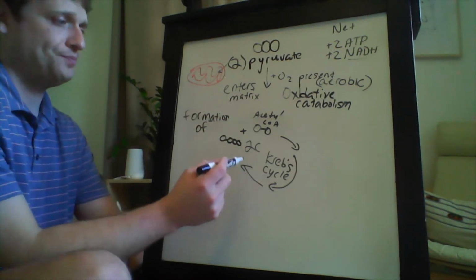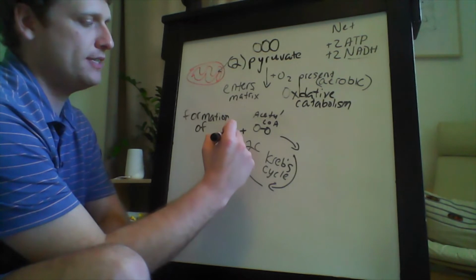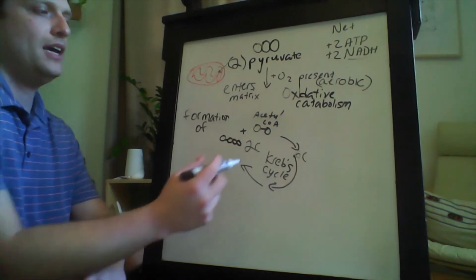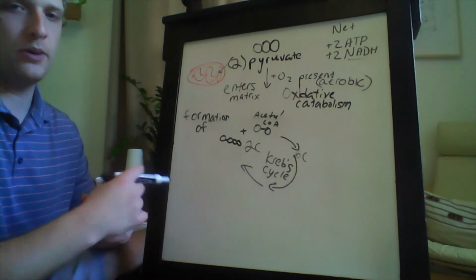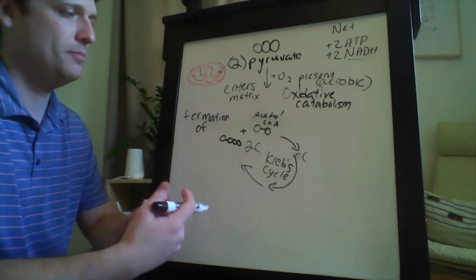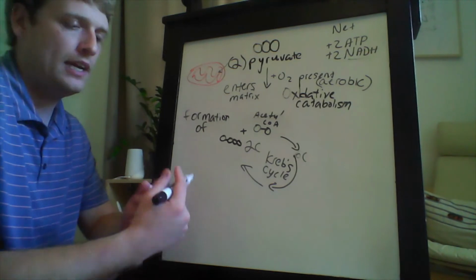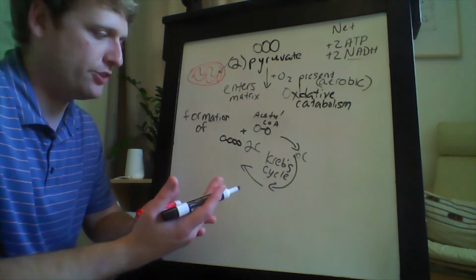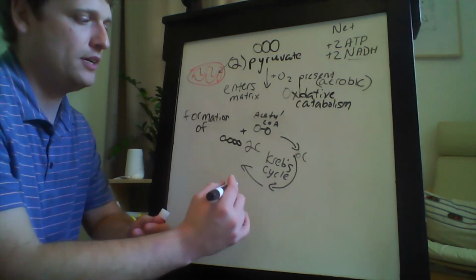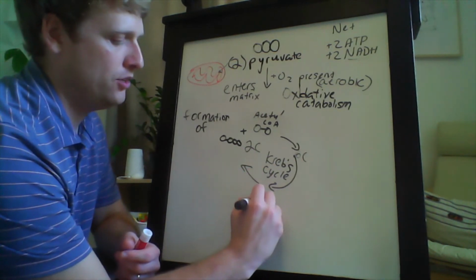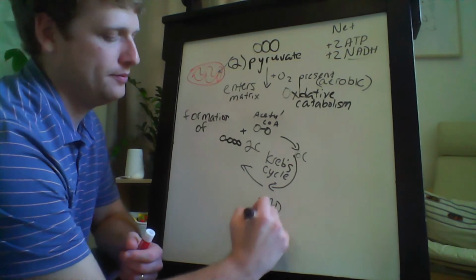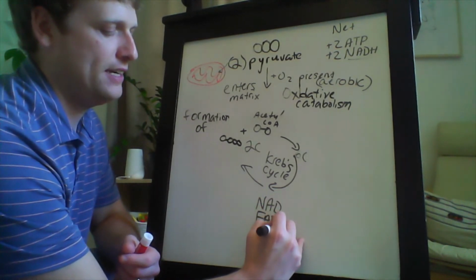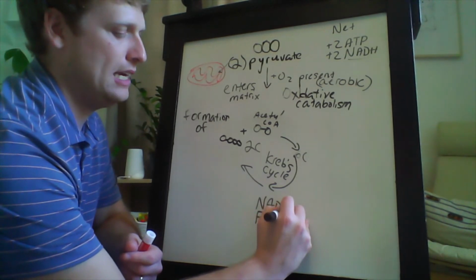So the first step in the Krebs cycle is that you're going to make a 6-carbon molecule, and then the Krebs cycle is going to start breaking these bonds between those carbons. And as those bonds are broken, you're going to liberate electrons from those molecules and transfer them to NAD and FAD to make NADH and FADH2.